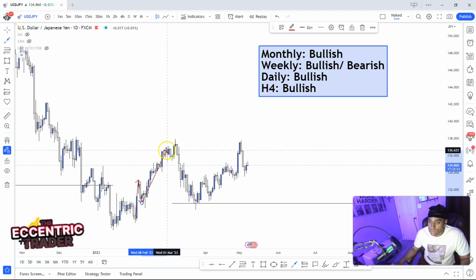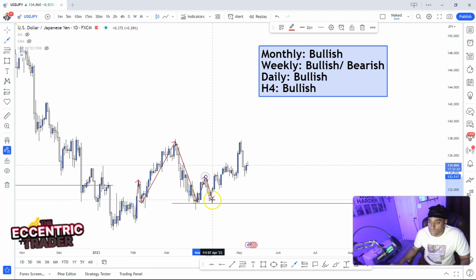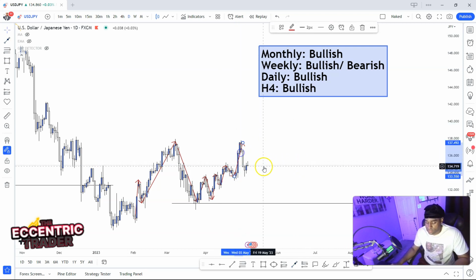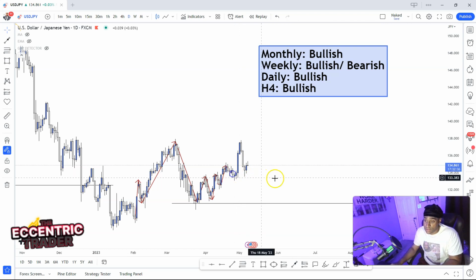Now, this candle from Friday closed bearish, so this would be considered a test.